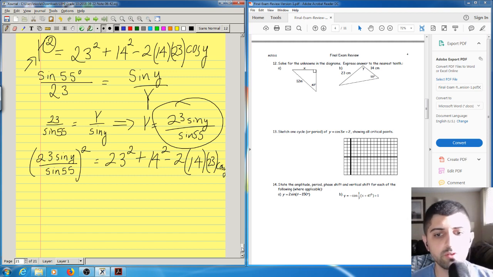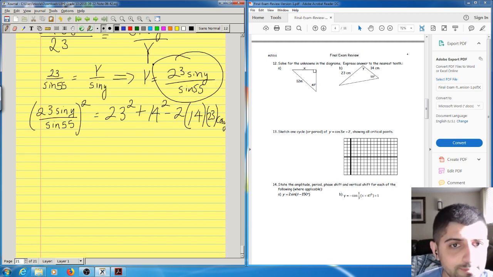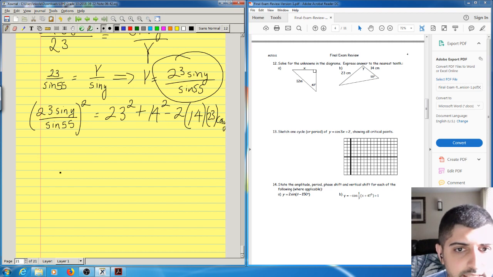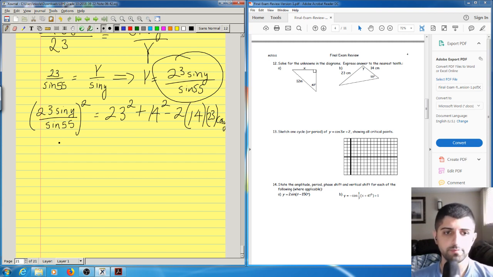Now that I'm looking at it, this looks like I will need some identities. And I'll show you why. This will be a quadratic in cosine y or sine y, depending on how I want to go about this, but probably cosine y because that's simpler.